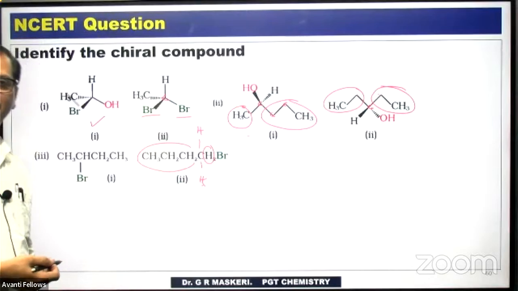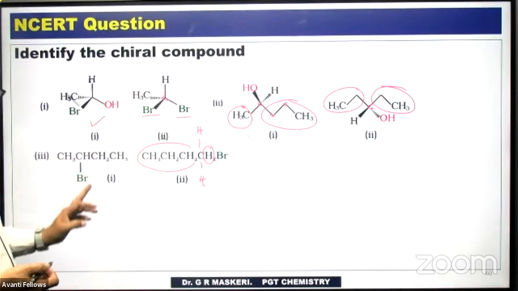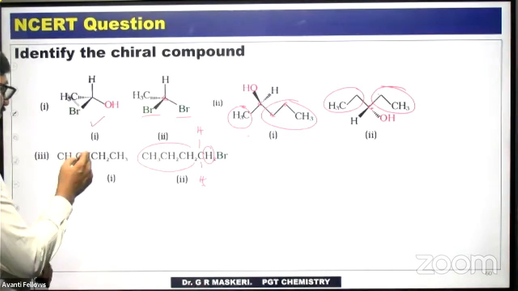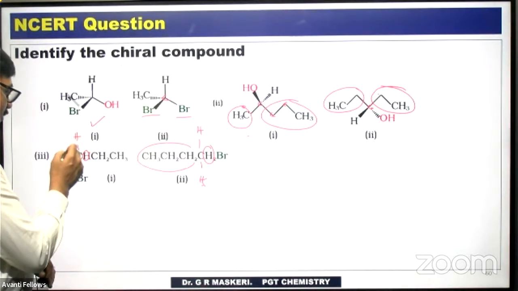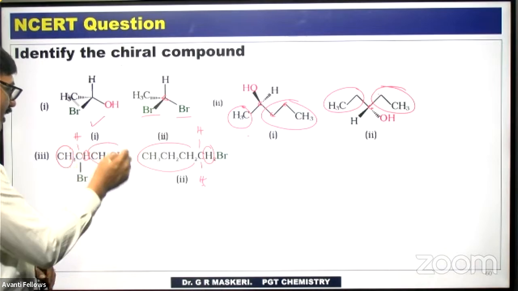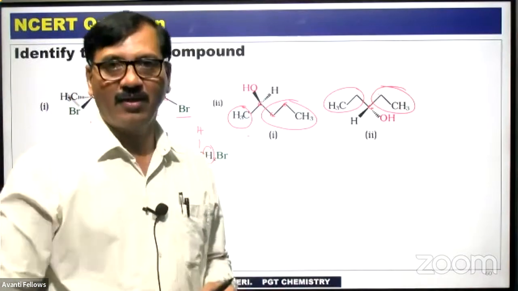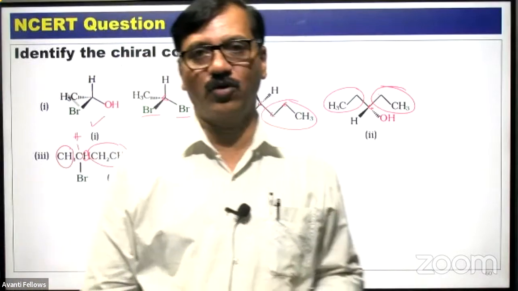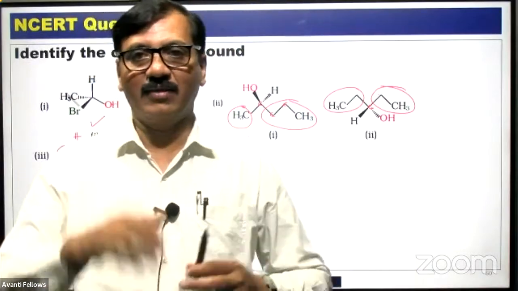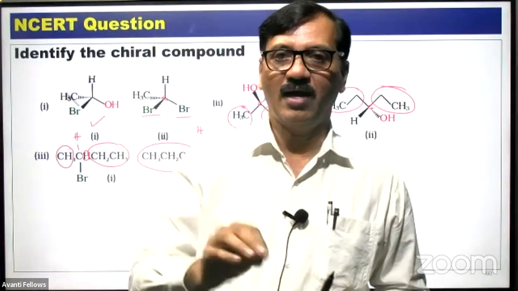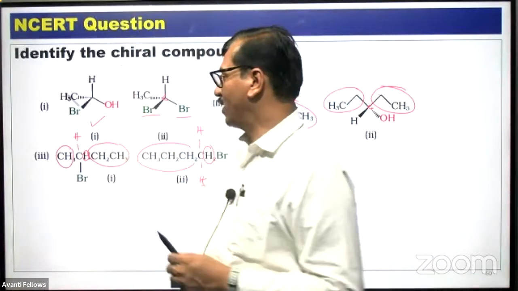Therefore, this is chiral, because this carbon has hydrogen, which can be written in this way. This is methyl group, this is ethyl group, hydrogen and bromine. See, the way of writing gives confusion. Therefore, make it clear that a carbon which has 4 different substituents is chiral, and such compounds are optically active.